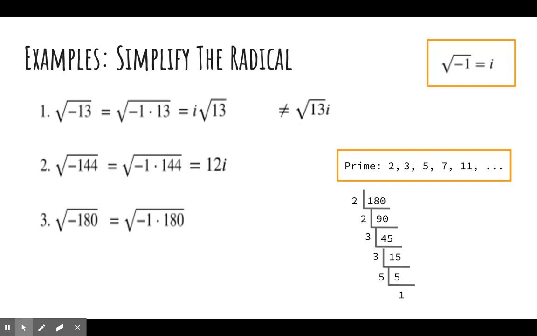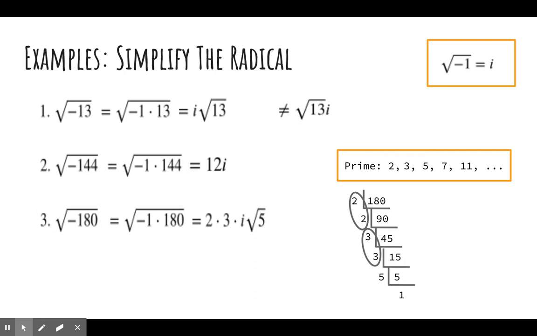Because it is a square root, we will be looking for pairs. So we have a pair of 2's and a pair of 3's. For each pair you circle, that comes outside the radical. So we have the 2 times the 3.